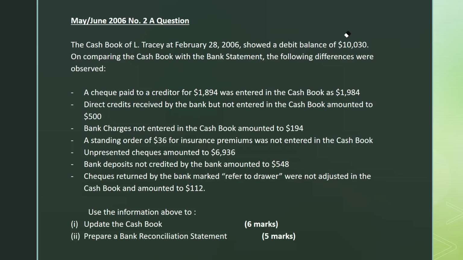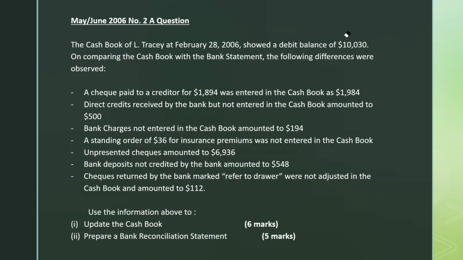If it was a check paid to the creditor, would it have been debited or credited? If we pay a check, credited. All right. So you're supposed to put 1894 on the credit side of our cash book. Instead, we put 1984. Did we put too much or too little?